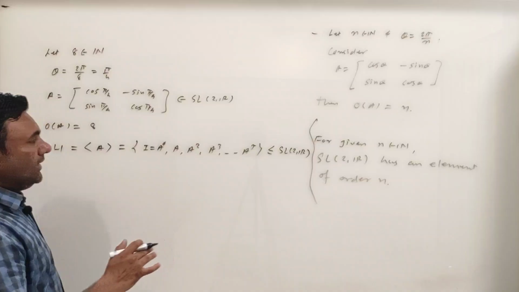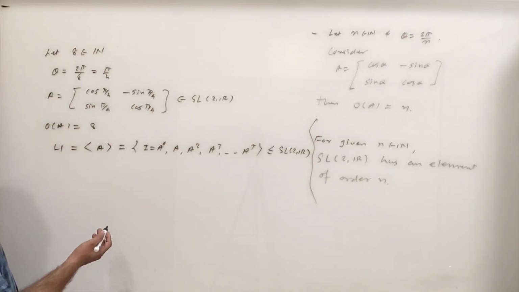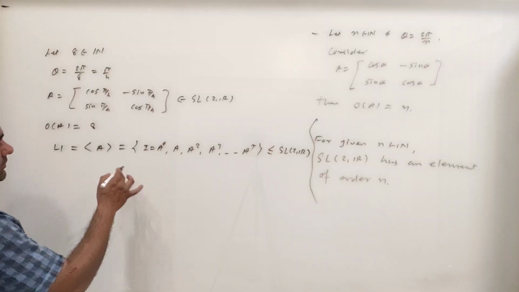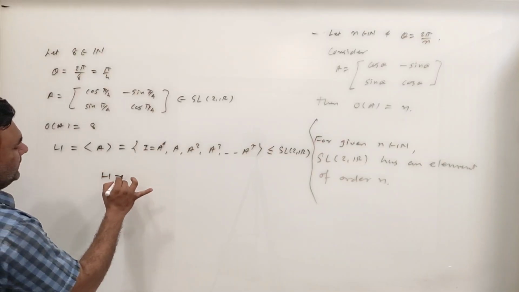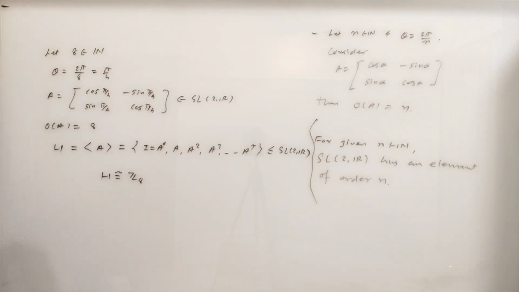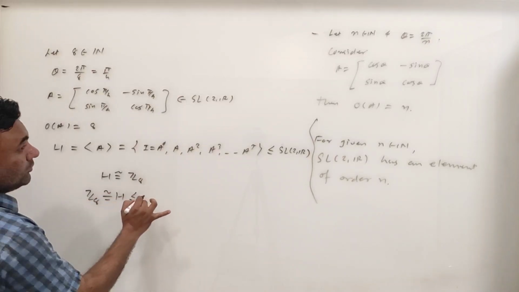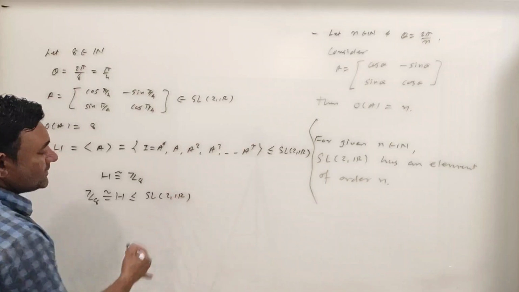Every finite cyclic group is isomorphic to Zn. So this H will also be isomorphic to Z8. So Z8 is isomorphic to H, and H is a subgroup of SL2R.